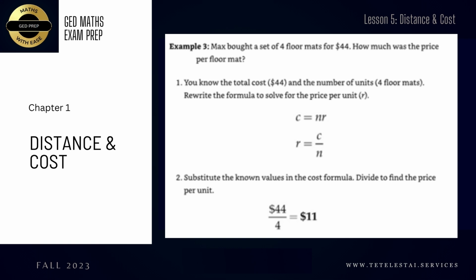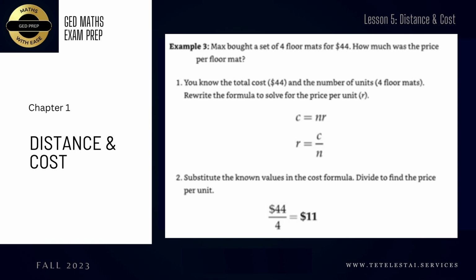The price per unit would now be your dependent variable, on the cost and the number of units. So on the left-hand side will always be what you're looking for, okay?